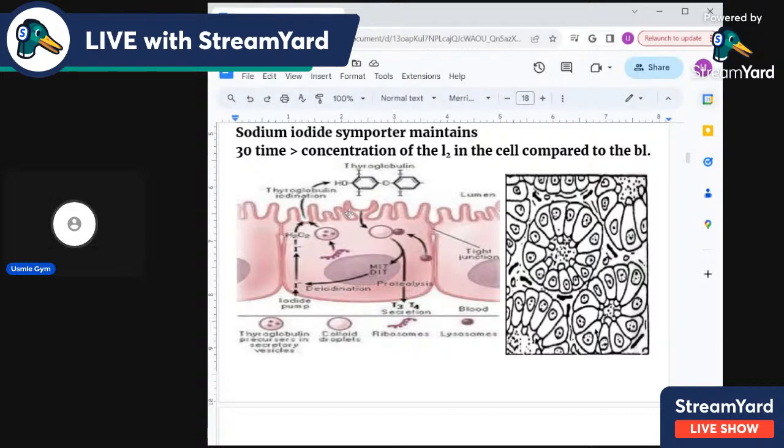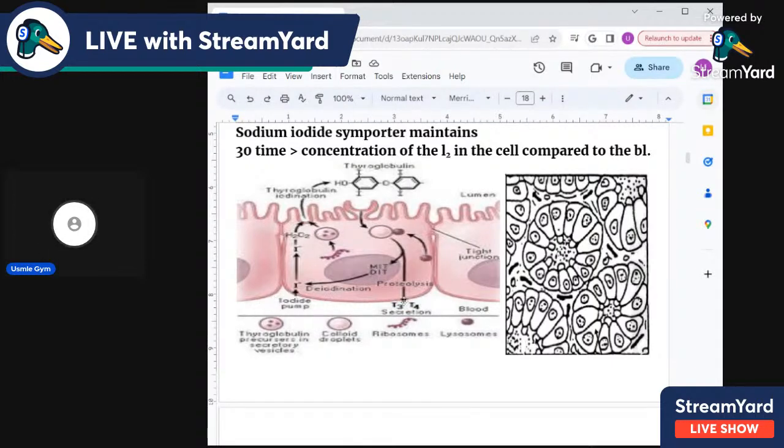This follicular cell has two surfaces: the basal surface and the apical surface. The apical surface is here, and the basal surface is against the blood vessels and capillaries.